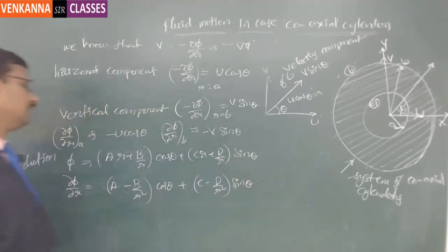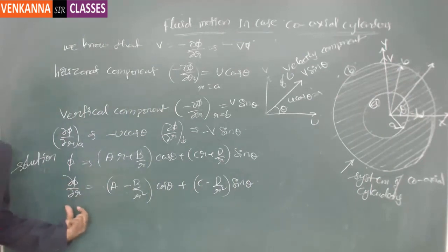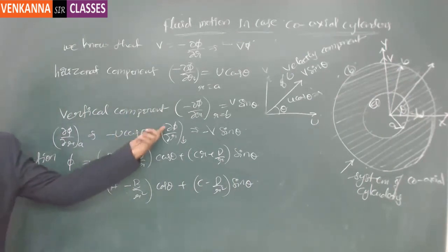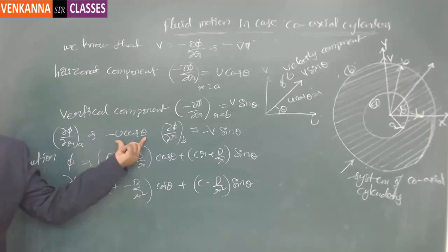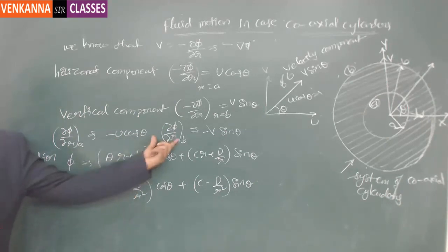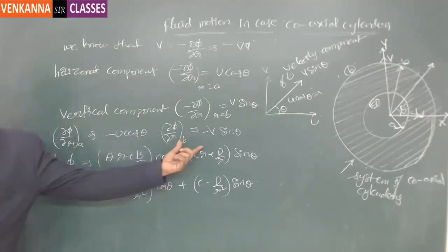This is the solution of the Laplace equation, and we have taken the derivative of it. So ∂φ/∂r at r equal to a is minus u cos θ, and ∂φ/∂r at r equal to b is minus v sin θ, right?